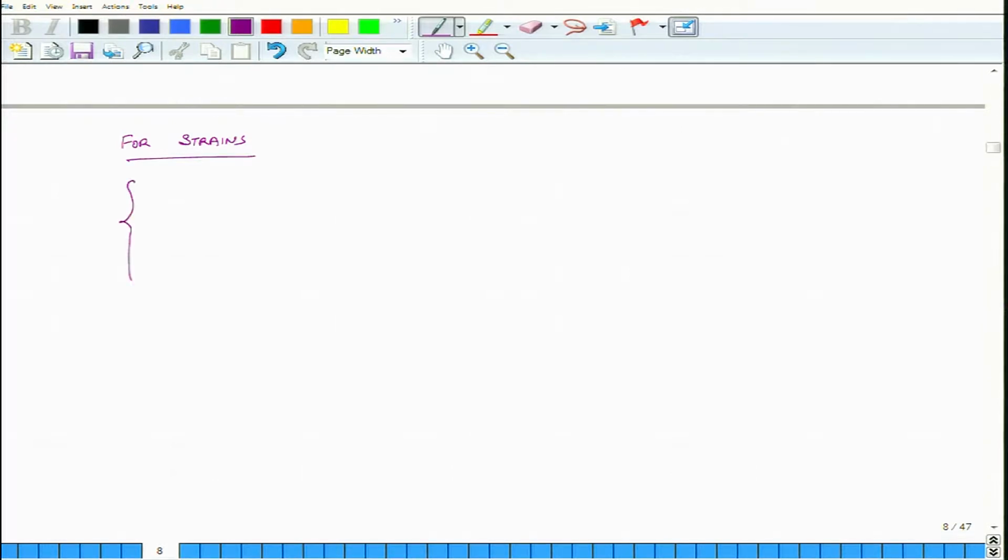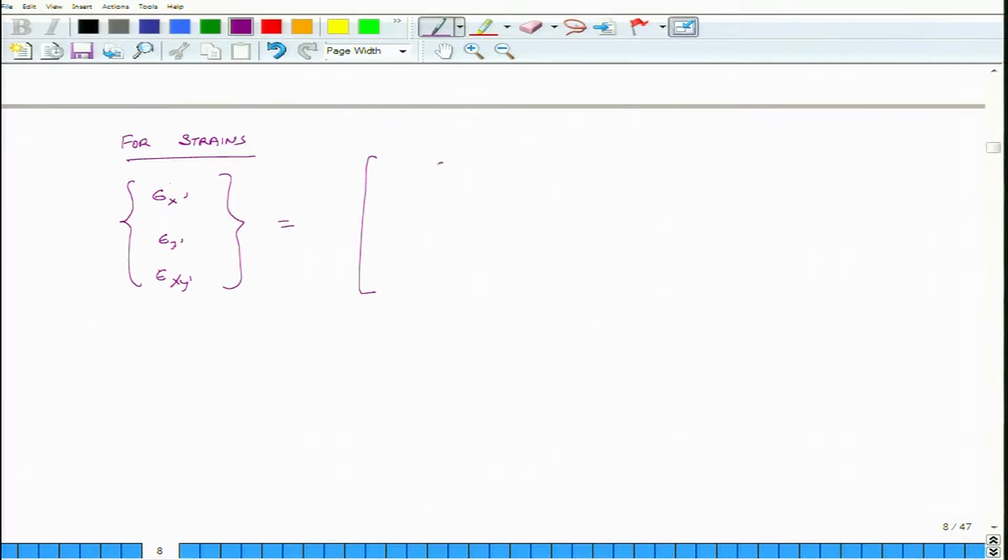So, we can again write epsilon x, epsilon y and epsilon xy. These are tensor strains. The transformation for engineering strain may be different, but for tensor strain the equations are identical.